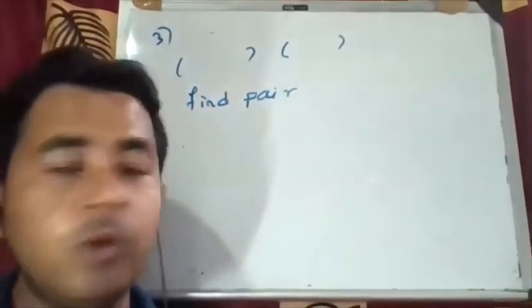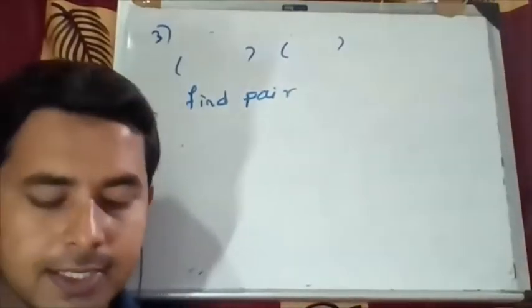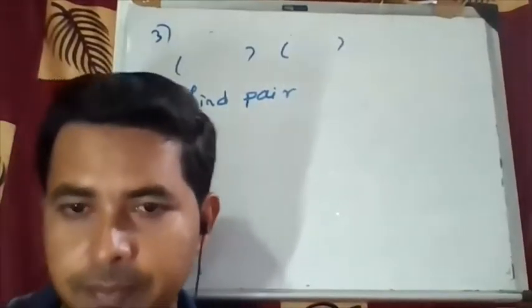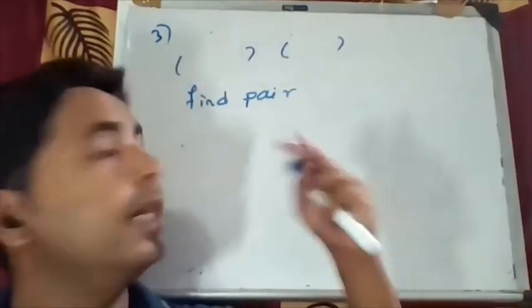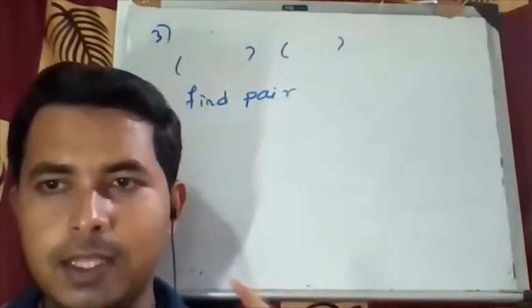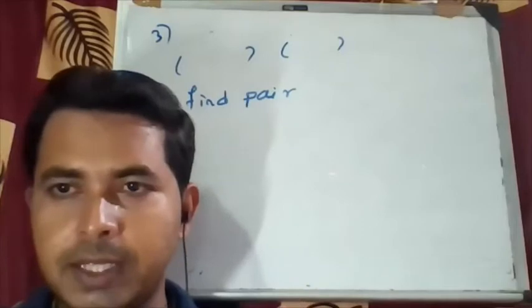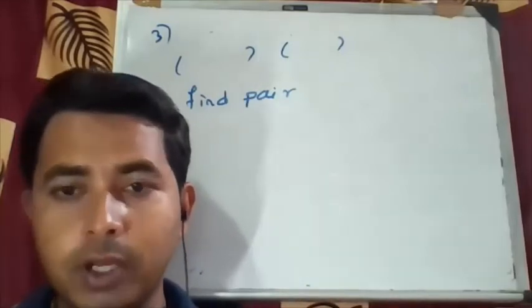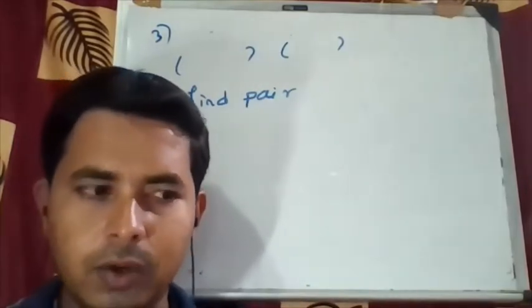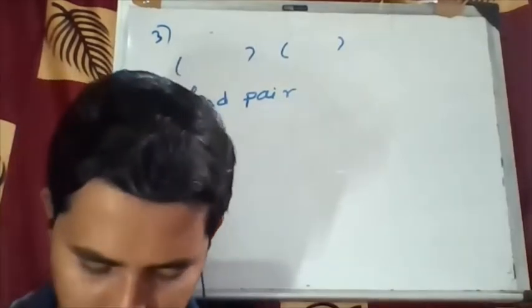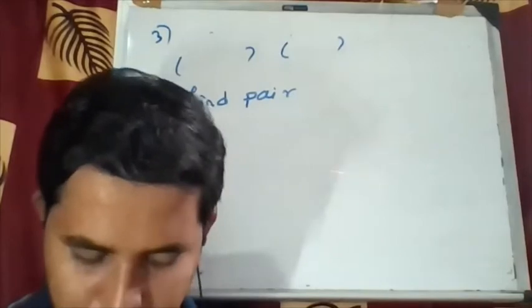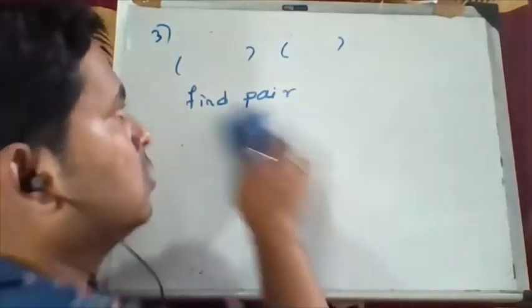Sometimes we get two pairs, sometimes four pairs, sometimes five pairs. So they won't ask which two numbers, they ask what are the pairs you will get. That time you have to tell how many pairs, like 4 or 5. So you have to tell the number of pairs. We'll see such type of problems now.